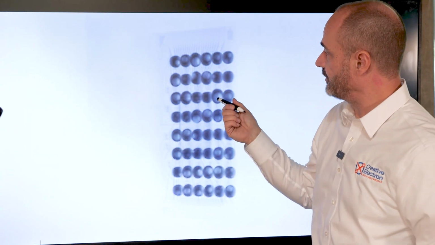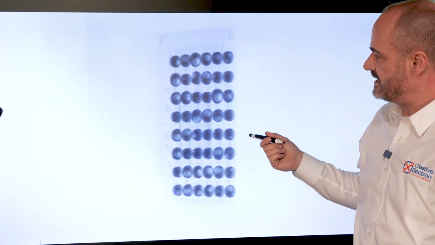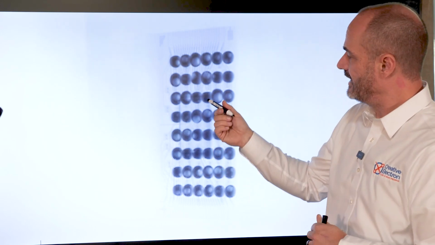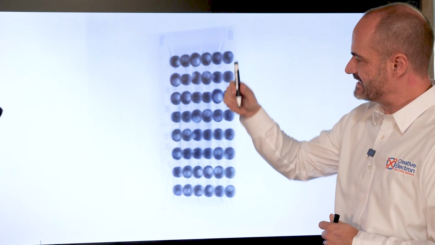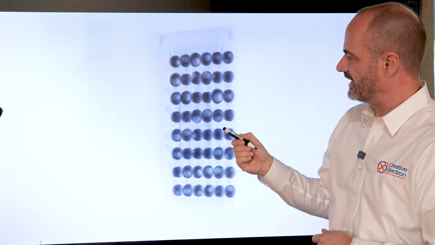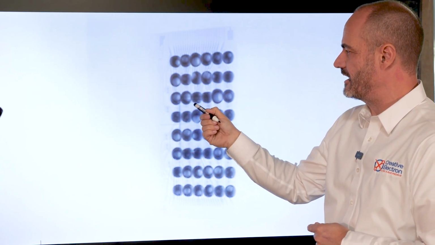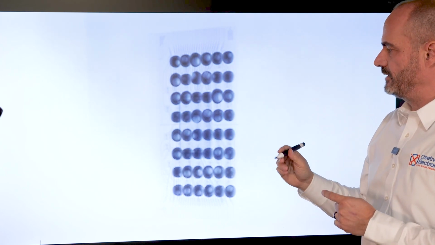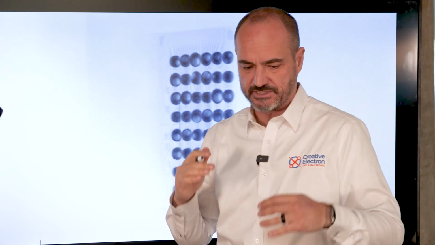And here's an example. This is the same BGA I showed you before, but now with a tilted view, you can kind of have a Z dimension of where each one of those voids are. You can't really tell exactly where they are, but you can have an idea of the height of the void because now you're seeing this tilted, perspective view.